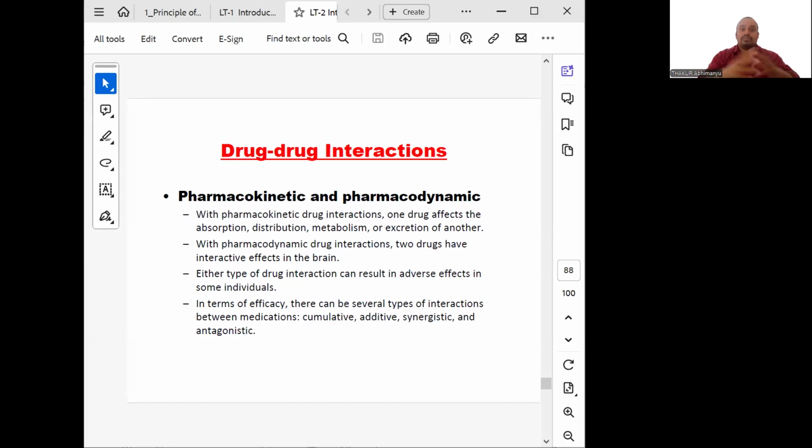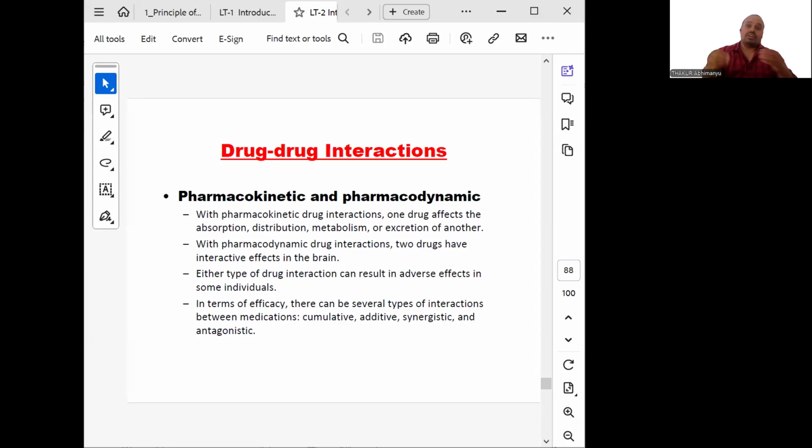For example, in terms of pharmacokinetic interaction, these affect the ADME, as I told in one of my videos: the absorption, distribution, metabolism, or even the excretion of a drug. For example, one drug might inhibit the enzyme that metabolizes another, leading to higher blood levels of the second drug. Another is pharmacodynamic interaction.